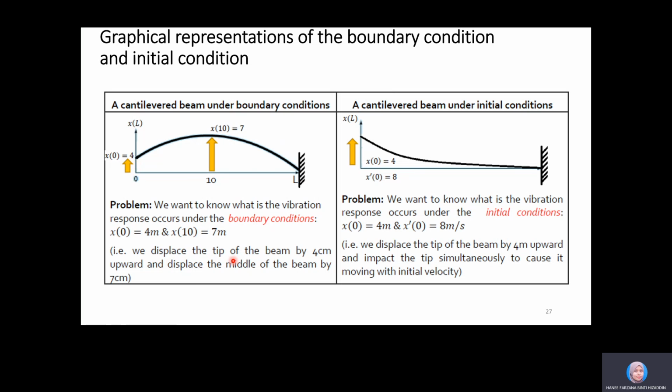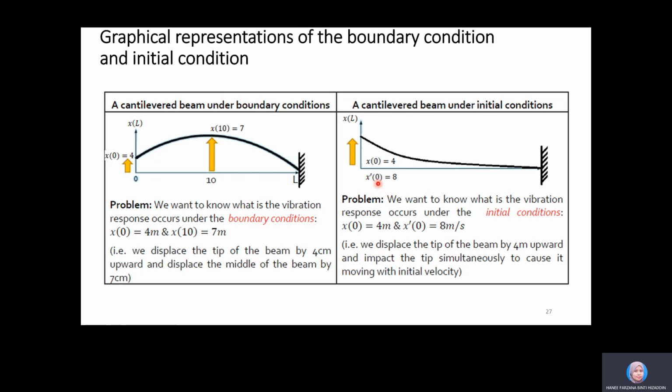So at L equals 0, you displace the tip of the beam by 4 cm upward, and you also displace the middle of the beam, that is, when L equals 10, x equals 7. Then you can get a function of x in terms of L, with the corresponding values of A and B. However, when you define the cantilevered beam using initial conditions, when L equals 0, you lift the beam by 4 meters upward from the origin, and you impact the tip simultaneously to cause it to move with an initial velocity of 8 meters per second.